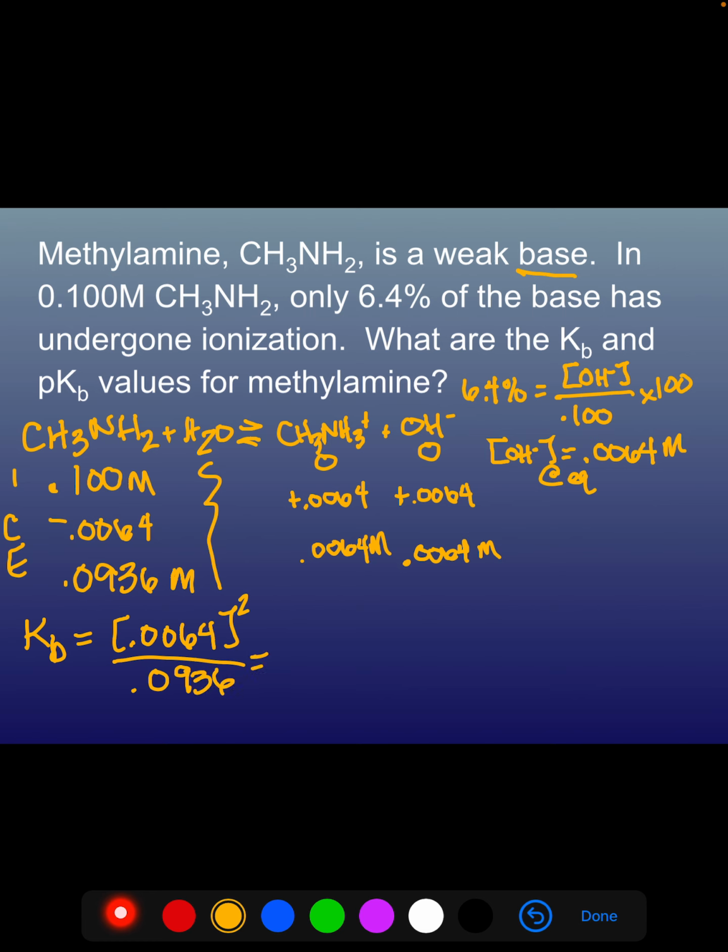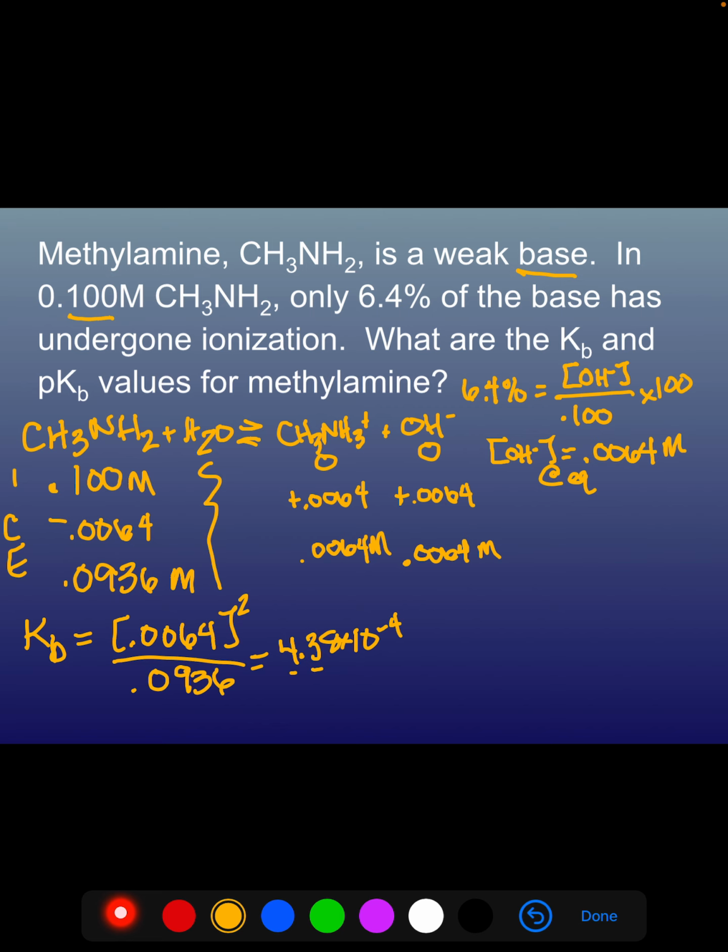So this would have a Kb value equal to 4.38 times 10 to the negative fourth. You probably could have done just 4.4, but our original number had 3 sig figs, so I left it at 3 sig figs. That's one where they would probably not be too picky based off of your other data.